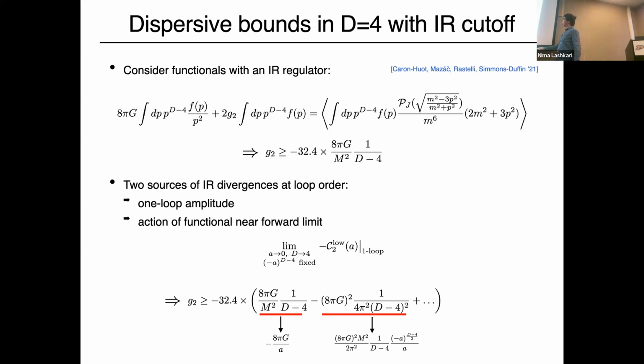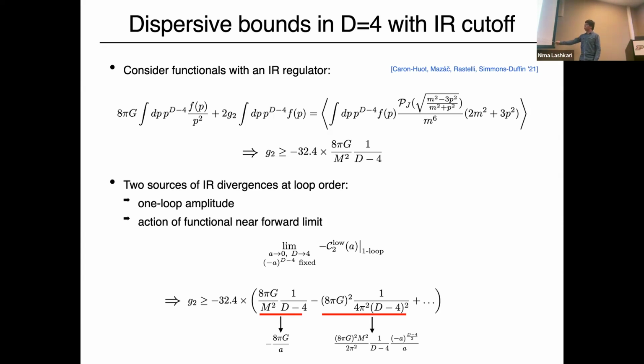And it turns out that the correct limit to reproduce these two divergences is you take a goes to 0 and d goes to 4 simultaneously, but you fix a to the d-4. And if you do that, you'll indeed get some one loop correction, which is proportional to G Newton squared, and now it's a double pole. You'll get 1 over d-4 squared.